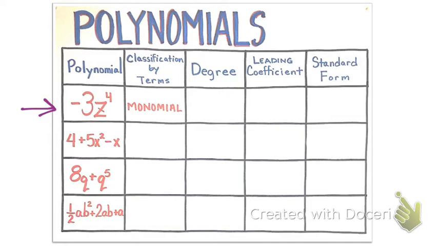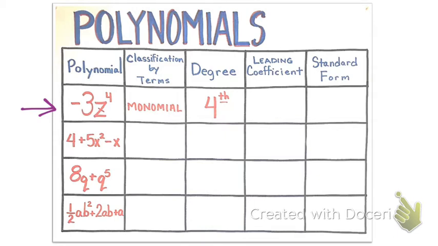When you're trying to find the degree of a polynomial, in this case the monomial, the degree is the largest exponent on any term. And since we only have one term, the largest exponent that we have on a variable is a 4. So this is called a fourth degree monomial.